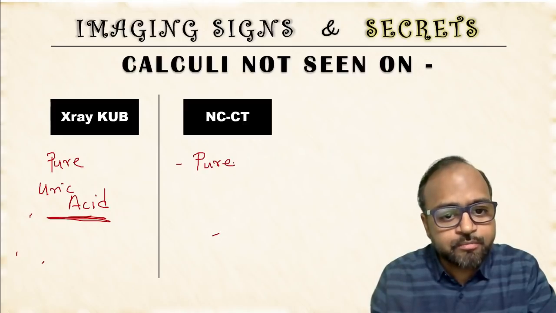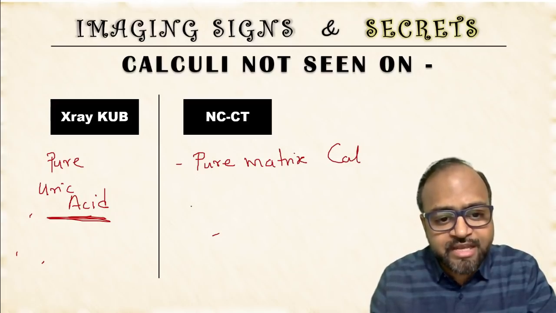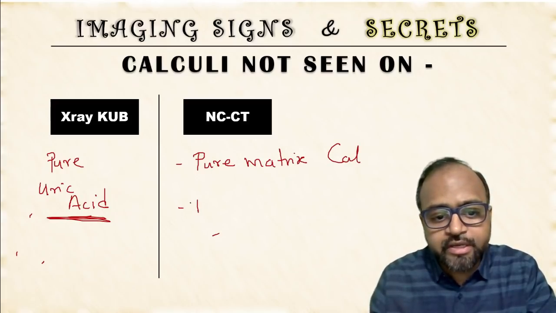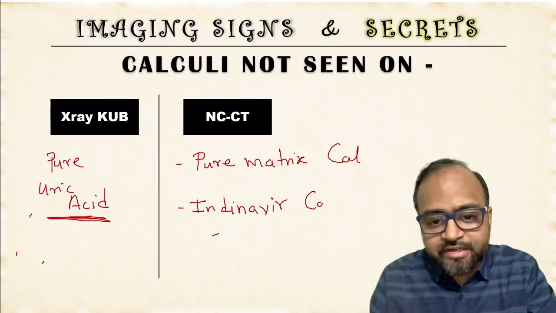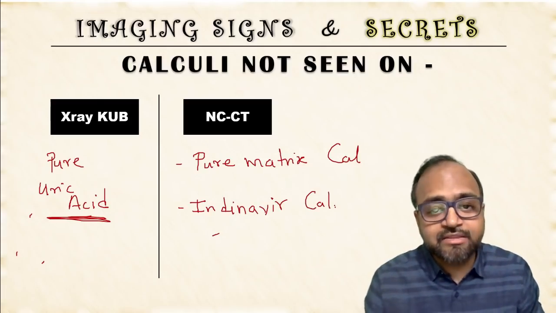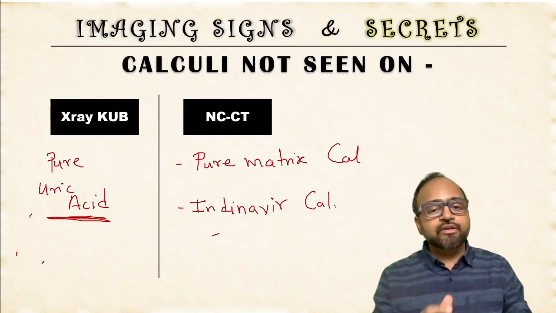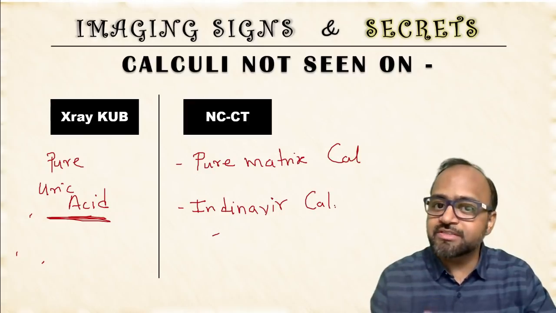One made up of pure matrix, so pure matrix calculi, or indinavir calculi. So what is indinavir? Indinavir is an antiretroviral drug which is known to cause renal calculi. These indinavir calculi are radiolucent to such an extent that they cannot be picked up even on a CT scan.